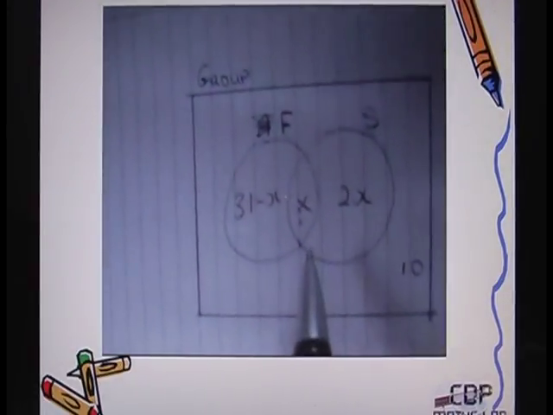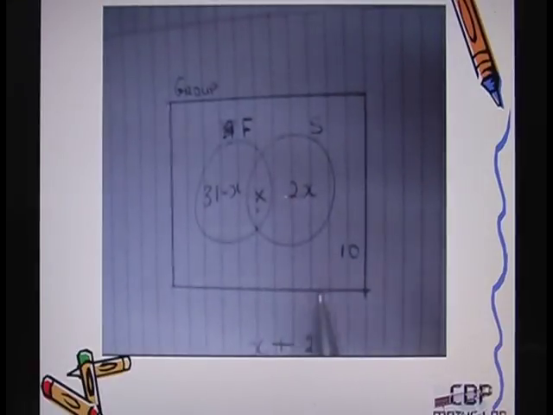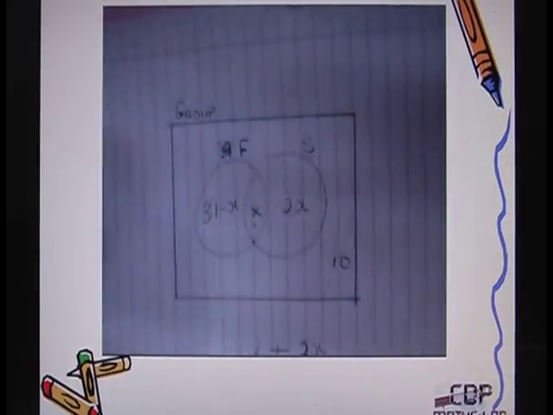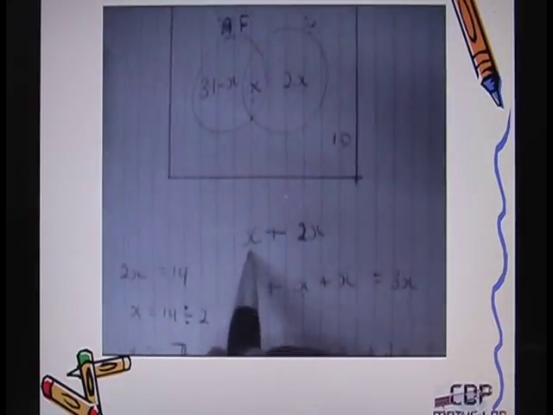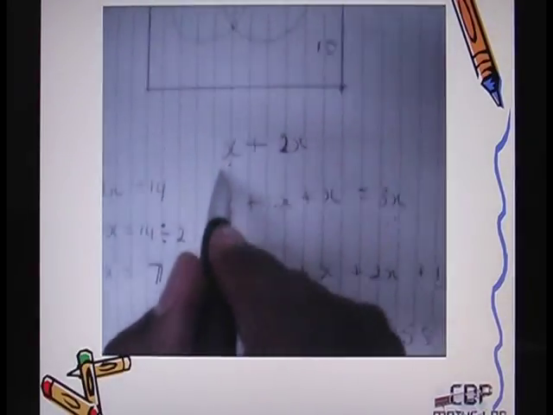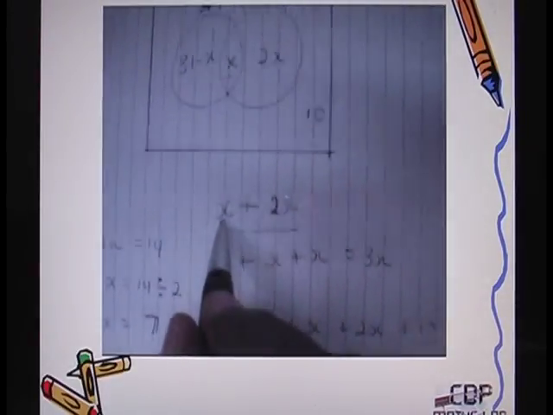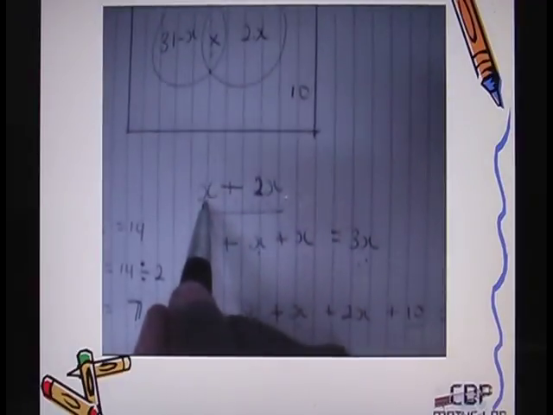But you're asked to calculate the number of students who passed Spanish. Going back to our original expression, which says X plus 2X, wherever we see X, we're going to replace the letter X with the number 7.